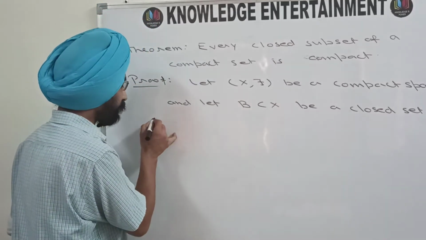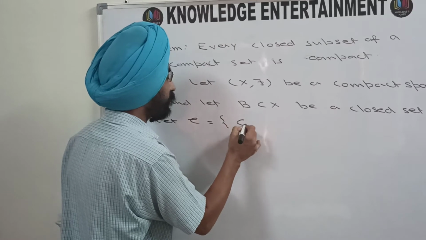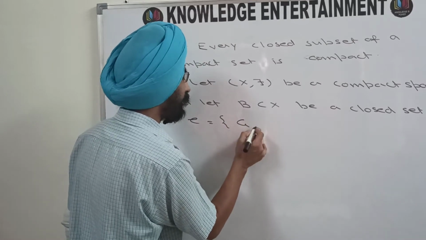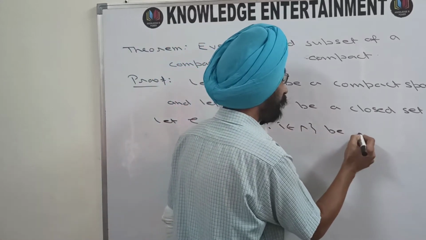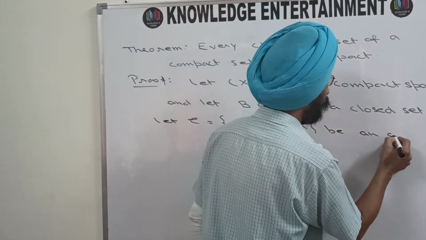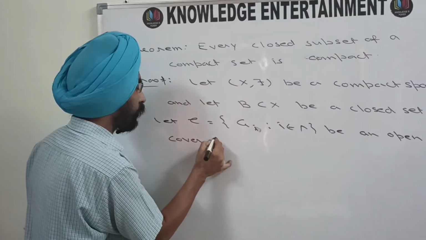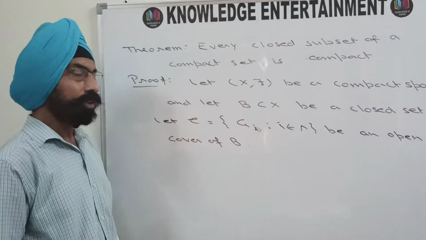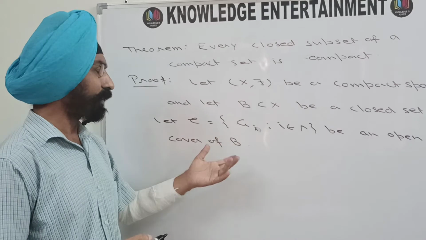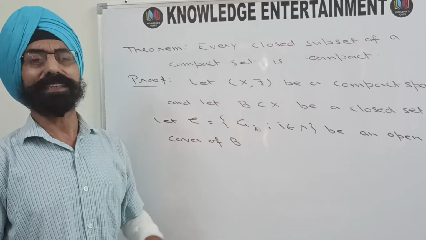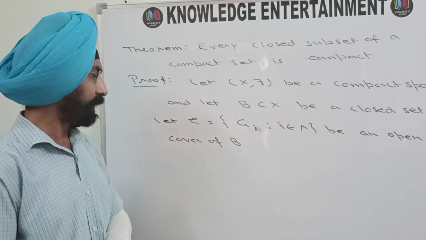So let C containing Gi, i belonging to lambda, be an open cover of B. So B is a closed subset of a compact set, and I have taken an open cover of B, and now I'll find a finite subcover of this cover C, and that will show that B is compact.